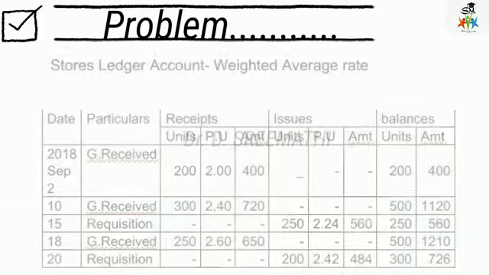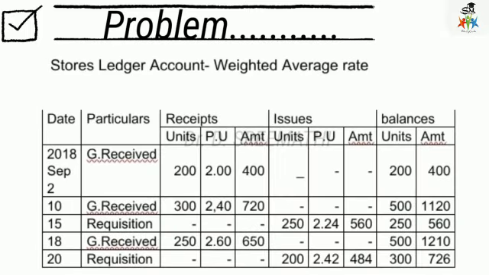The next method is the weighted average method. With the same illustration, let us see the weighted average method. As you know, the columns are date, reference, receipts, issues, and balance. Here also the first goods received are the same: 200 units at 2 rupees per unit, 400, and the balance is 200 units and 400.